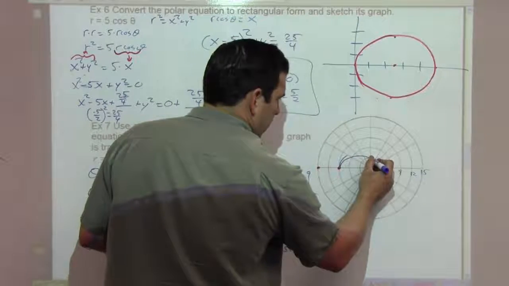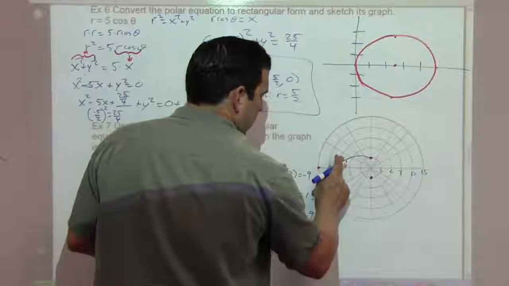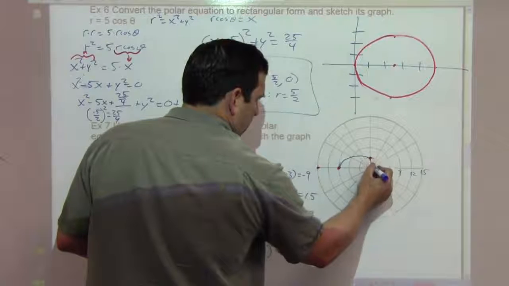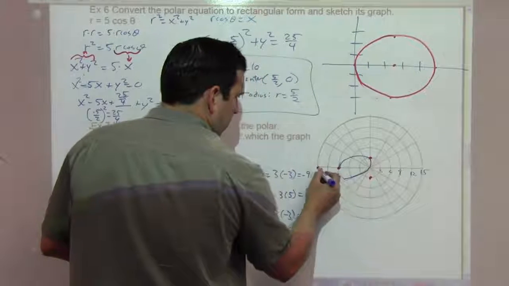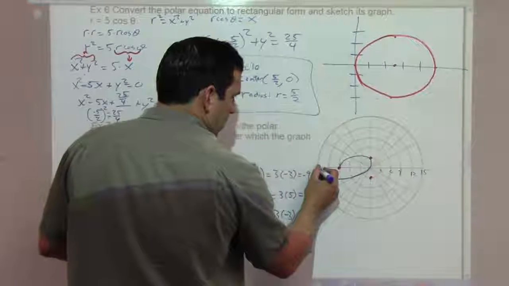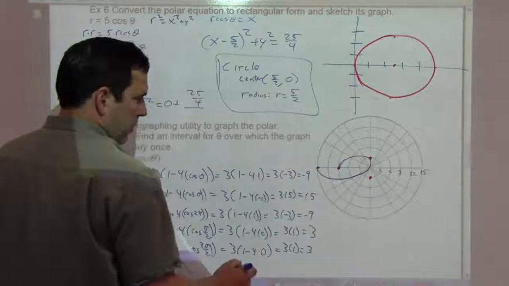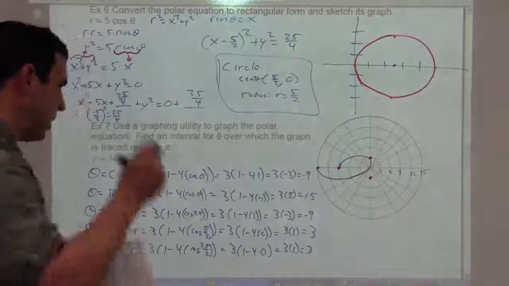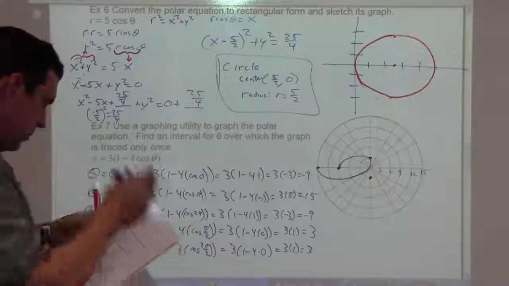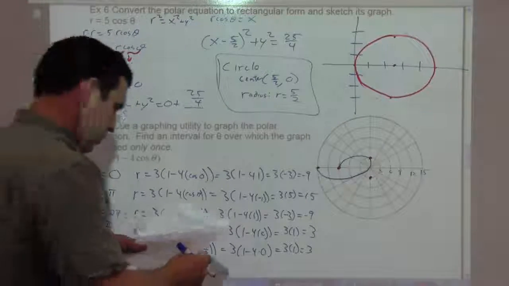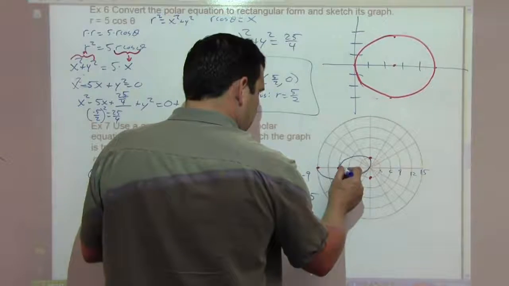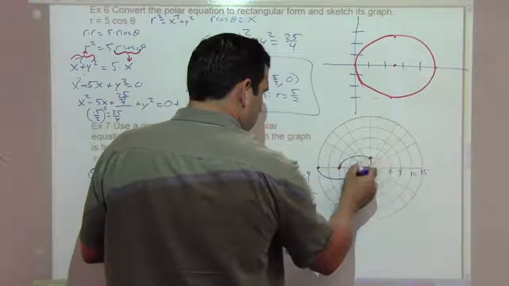Pi over 2 is there. Then pi is out here. And then we have our 3 pi over 2 is back at 3 again. It starts there, it's going to go to that point.